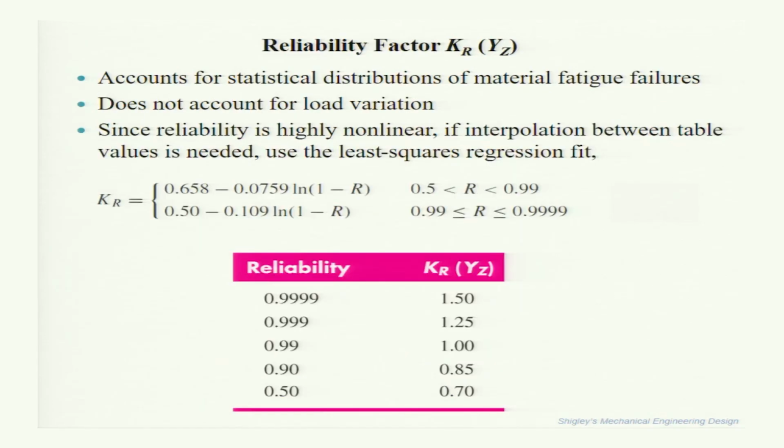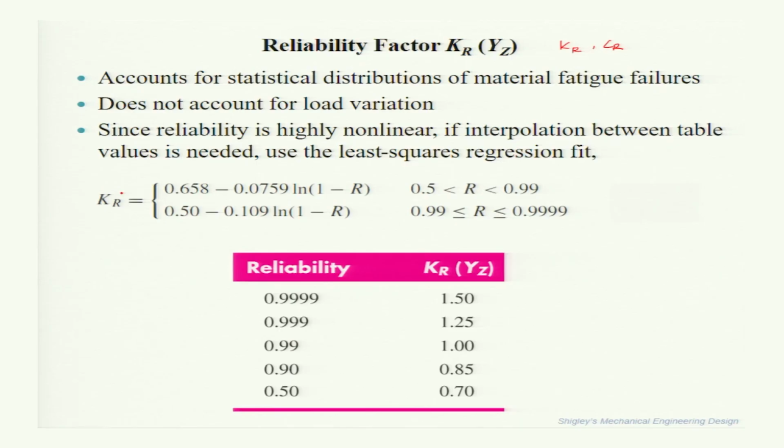Okay. Now, the reliability factor KR or CR, both are the same. This accounts for the statistical distribution of material fatigue failures, and does not account for load variation. Since reliability is highly non-linear, if interpolation between table values is needed, use a least square regression fit.